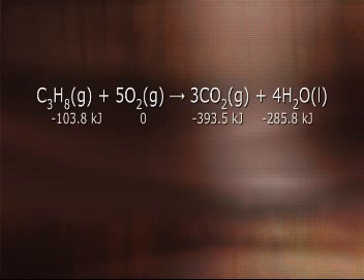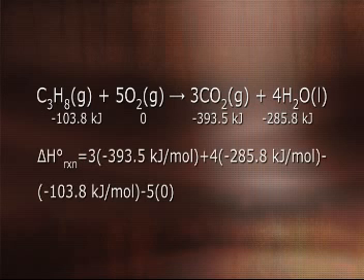We then list the standard enthalpy of formation value under the formula of each substance in the equation like this. We then add all of the enthalpies of formation of all the reaction products and reactants and multiply the molar enthalpy of formation by the coefficient of that substance.